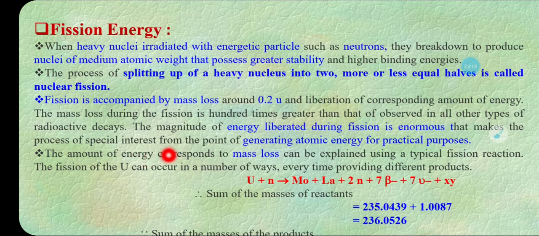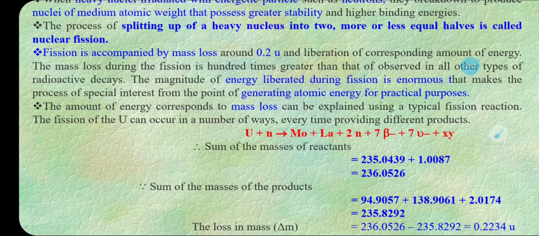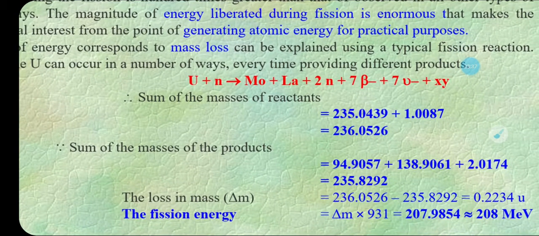The amount of energy corresponding to the mass loss can be explained using a typical fission reaction. The fission of uranium can occur in a number of ways, every time providing different products. Let us see the reaction. Uranium combined with a neutron gives molybdenum.